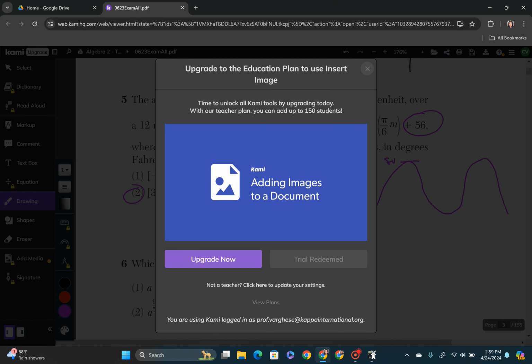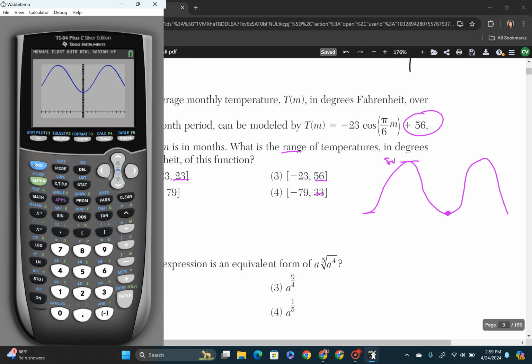I can see the bottom part right here, and I want to see what that minimum is. So how do I do that? I hit second trace or second calc, and I'm looking for the minimum value, option number 3. I'm going to go a little bit to the left of that little valley, anywhere to the left of it, then over to the right of it.